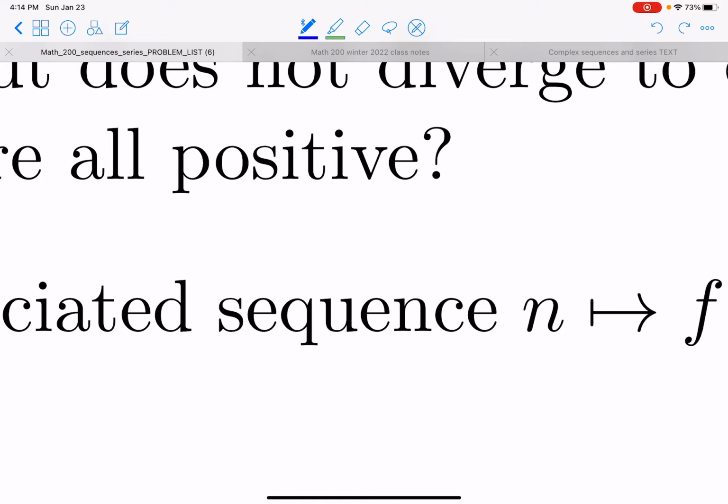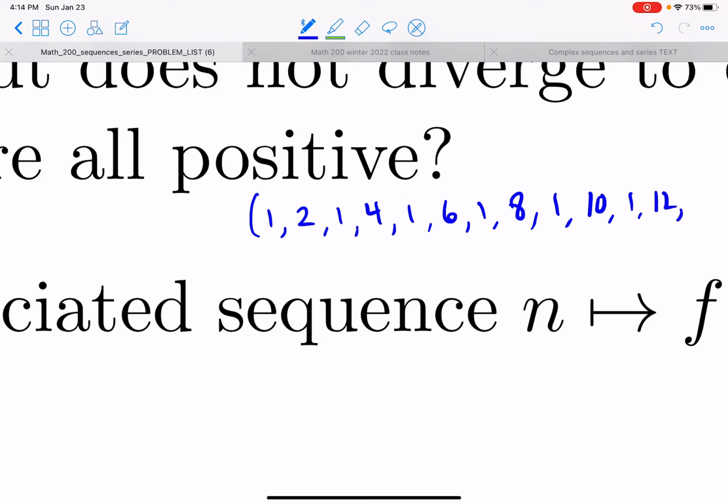How about this sequence? Oh wait, they have to all be positive numbers. So 2, 1, 4, 1, 6, 1, 8, 1, 10, 1, 12, and so on.